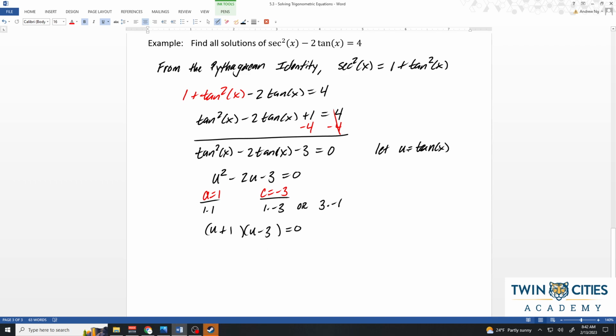And since earlier we said let u equal tangent of x, this is really tangent of x plus 1 times tangent of x minus 3 equals 0.